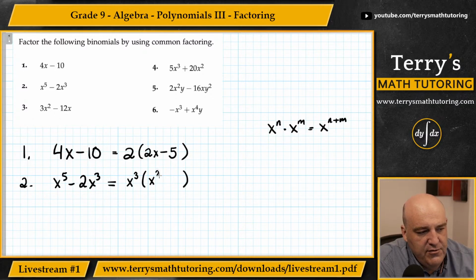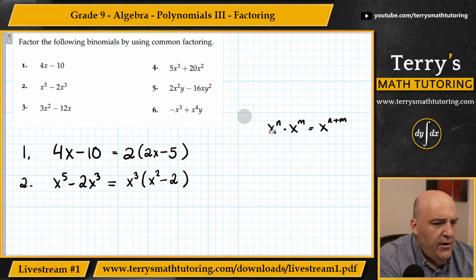So that has to be a 2. X cubed times x squared is x to the 3 plus 2, which is x to the 5. And then minus x cubed times what is 2x cubed? Well, that's just 2. And there's our answer for that one. I'll just erase this.